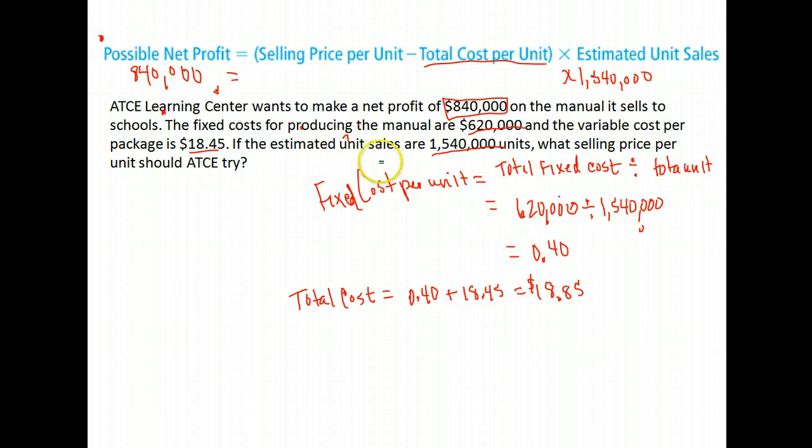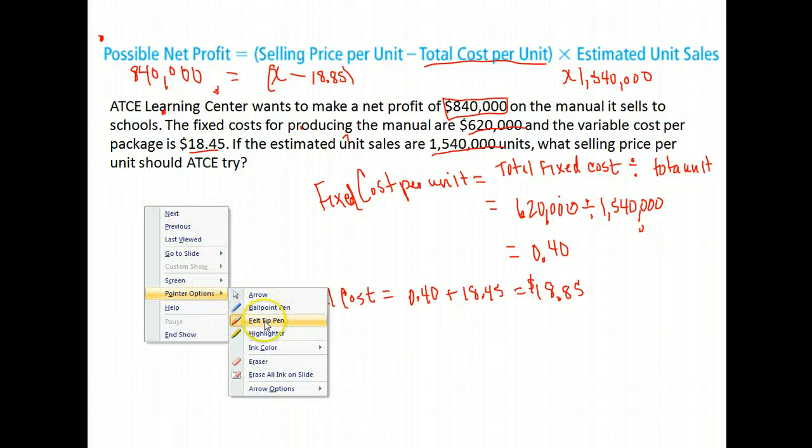Now we can use our formula. Okay, it wants to know what is the selling price. So that's what I don't know. That's my X. Subtract the total cost per unit we just found was $18.85, and then it's going to be times the 1,540,000.